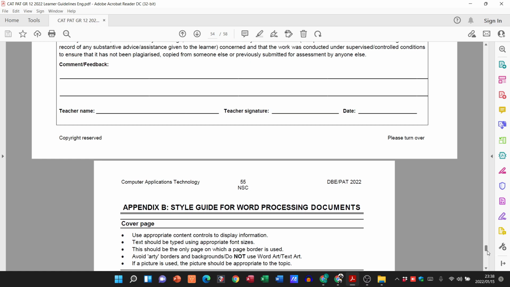Okay, so really you're just going to edit basically everything in the existing documents you have to fit with the new PAT, your grade 12 2022 PAT. So all I'm saying to you is use the existing structure that you have. If your teacher has it, ask them for it so that you can take that structure and work from it.